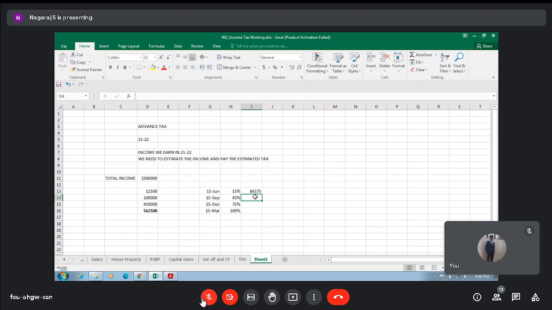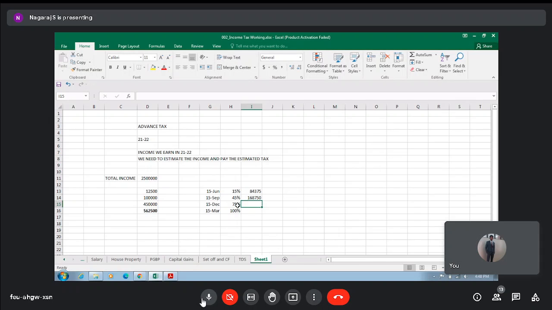Next installment you will have to pay 45%. If you deduct the 15%, it will be 30%, right? This multiplied by 30% is 168,750.